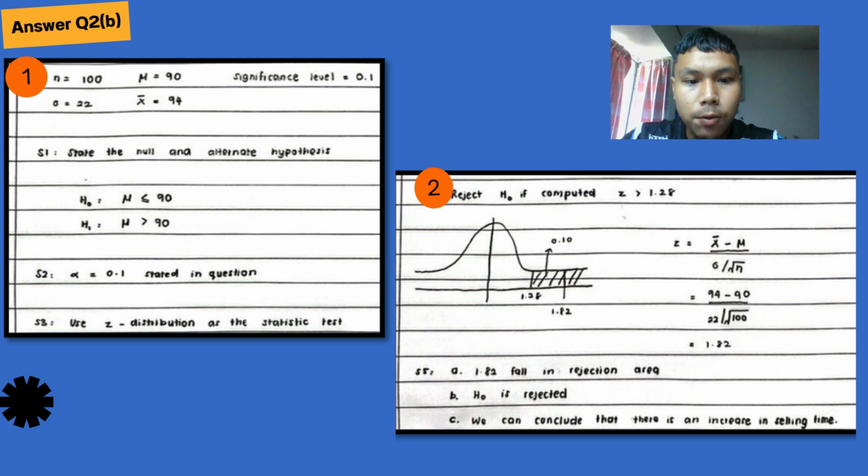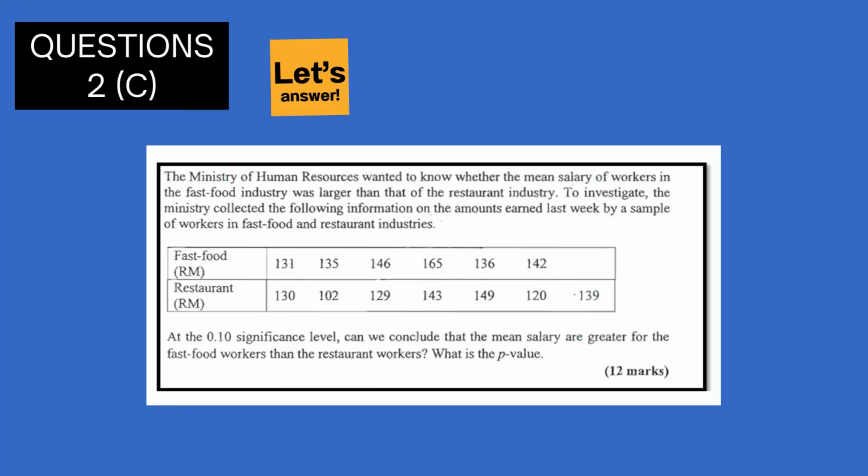So we use the Z formula, which is x bar minus mu over standard deviation divided by square root of n. So we will get the answer 1.82. So step 5, since 1.82 falls in the rejection area, thus we will reject our H0. So we can conclude that there is an increase in sailing time.